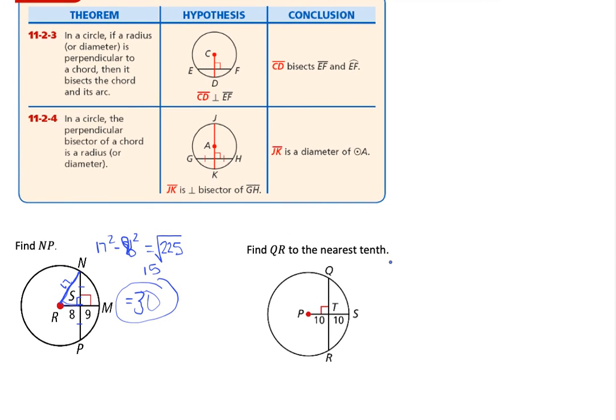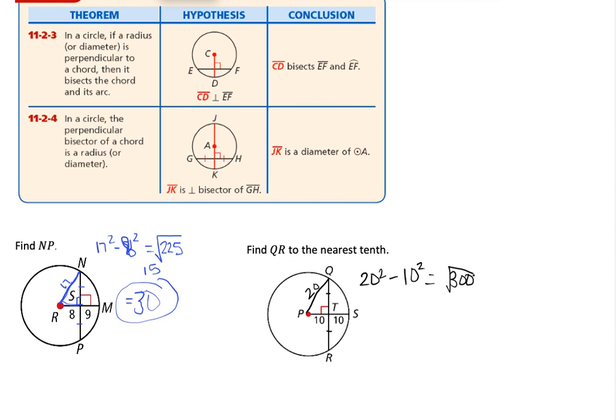One last one here, and this is done the same way. We have a right angle here telling us that this part and this part are congruent, and I have a whole radius of 20 and a part here of 10. So if my radius is 20 and this side is 10, I'm going to find this other leg of the right triangle by taking 20 squared minus 10 squared, which is 300.